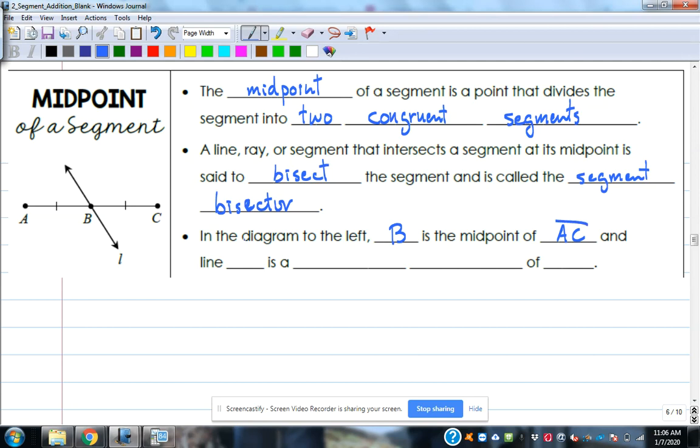And line, I'm going to call this line L because I don't have any other points on it, a kind of script L down there, is a segment bisector of segment AC. Notice it says a segment bisector, not the segment bisector. There are multiple segment bisectors that could happen with that particular segment.